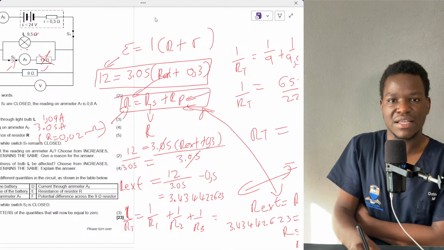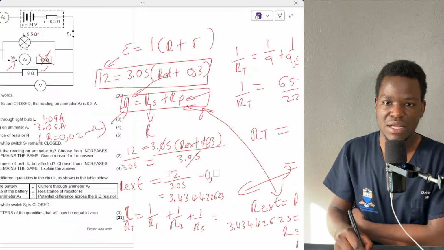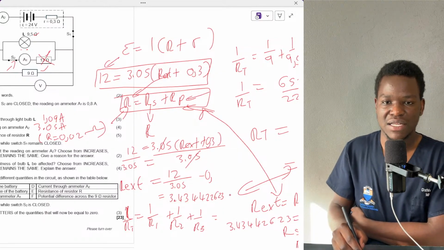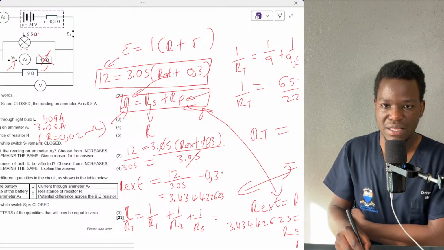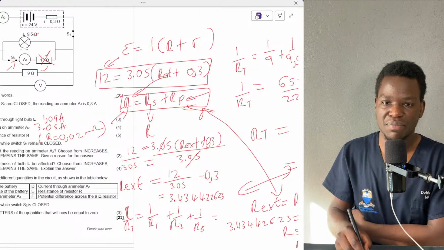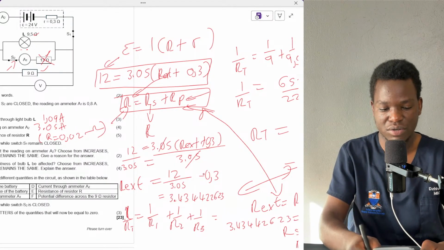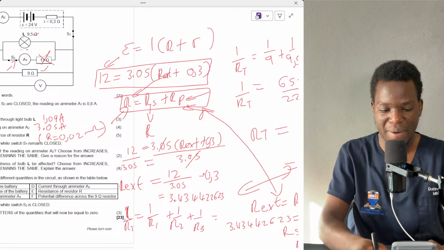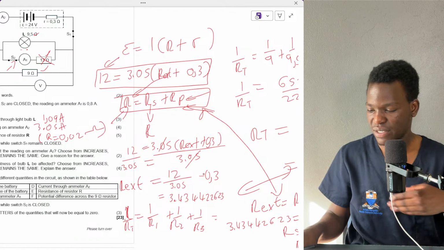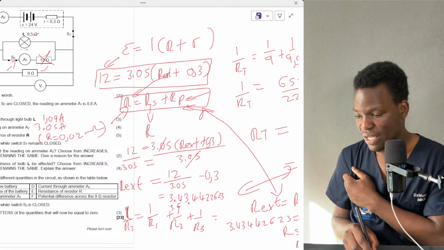As I said there, the procedure is correct, but this one, when it goes that side, is going to be minus 0.3. And then it's going to be 12 over 3.05 minus 0.3. So 3.6. So 3.6 here.